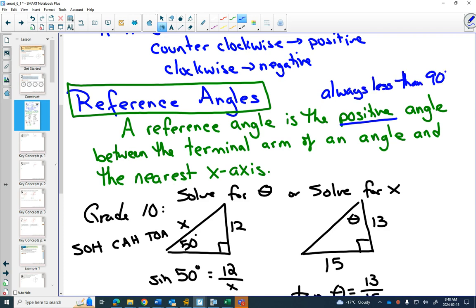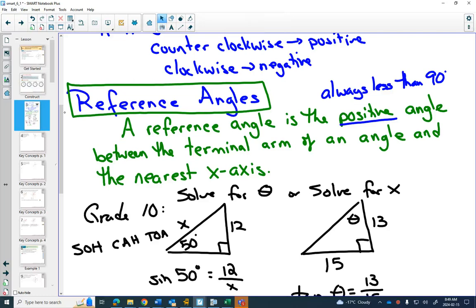If you're going to your nearest x-axis, it's going to be less than 90 degrees. There's no way you can go to the nearest x-axis and take more than 90 degrees to get there. Then you've obviously traveled too far.